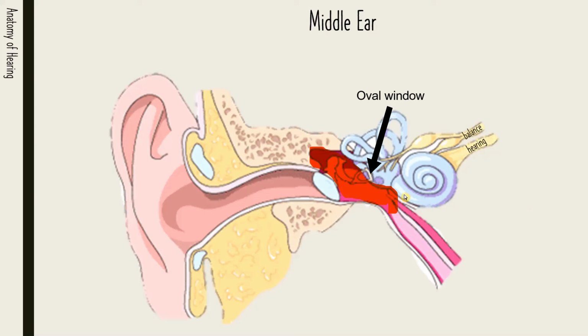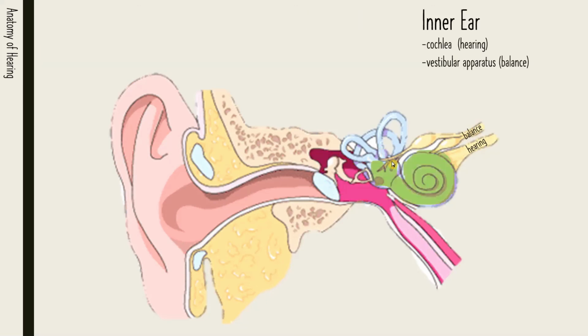So vibration at the oval window and the subsequent relay of mechanical vibration, which is also amplified as it passes through the ossicles, sets up vibrations within fluid which is found within the inner ear structures.